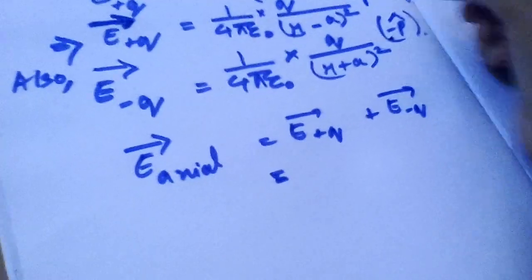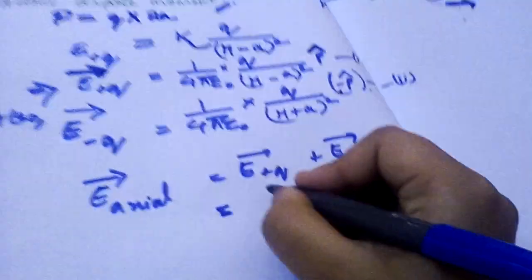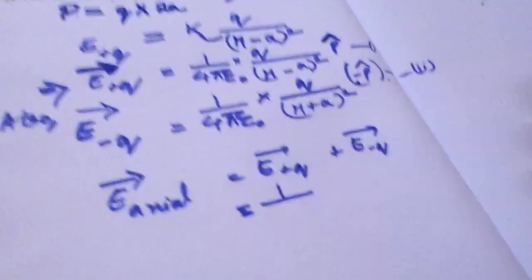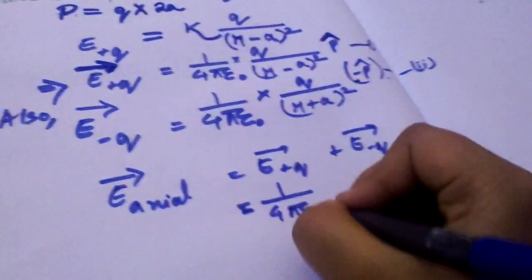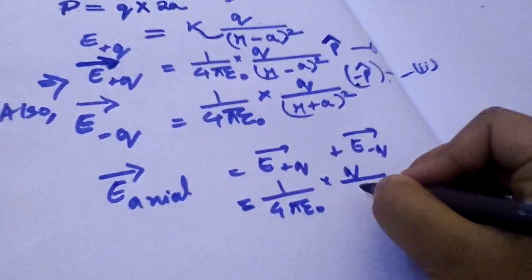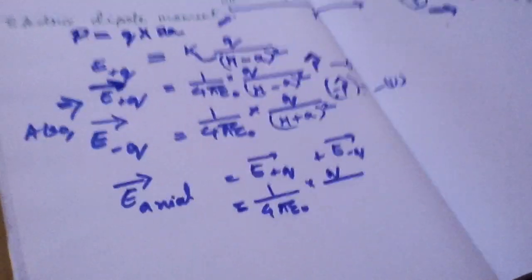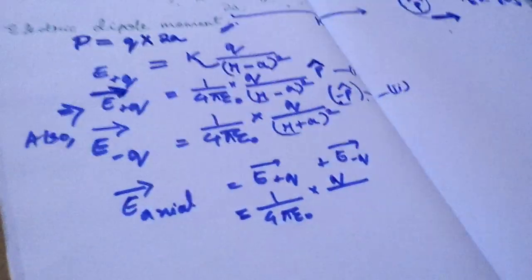This is equation 1, this is equation 2. 1 by 4 pi epsilon naught into q. Okay, the derivation part I'll just solve and give you in the next video.